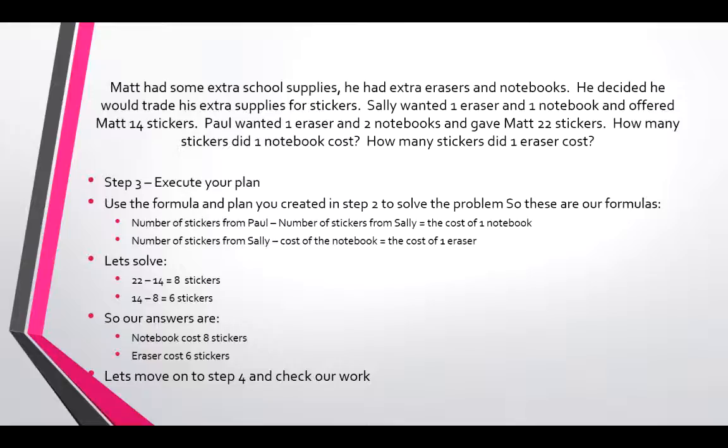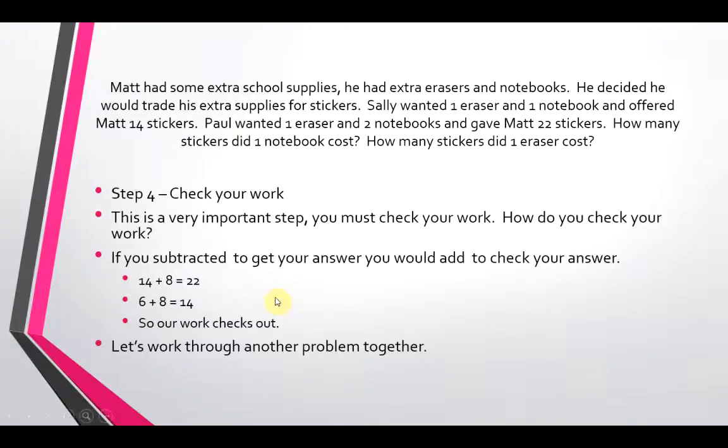So let's move on and check our work and make sure that this is correct. If you subtract to get your answer, then you're going to add to check your work. So, if we take the 14, which is how much Sally paid, and we add back the cost of one notebook, that's going to give us 22, which is exactly how much Matt paid.